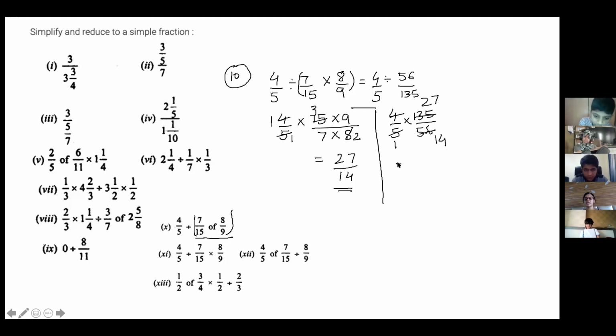See, you are getting the same answer, Abdullah. 27 upon 14. Okay. I didn't want to multiply here, so I just did the reciprocal of the whole equation. So I can do like this also to save time. Understood? Time is over, ma'am. Ma'am, answer is 27 by 14. Yes, answer is 27 upon 14.